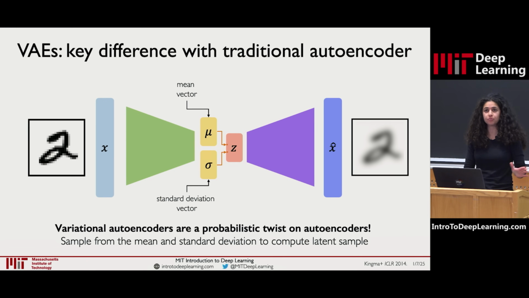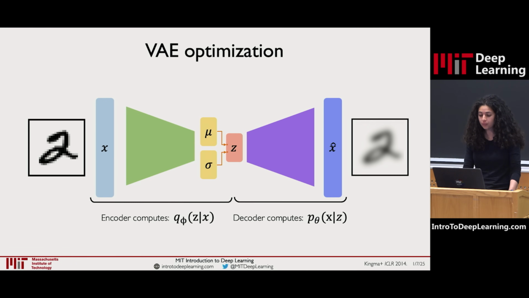If we now start to make this a little bit more formal, effectively what the encoder and decoder are doing is trying to learn probability distributions. The encoder is computing a probability distribution of the latent space given the input data x, and the decoder is doing the reverse, trying to compute the probability distribution of the data given the latent variables z.